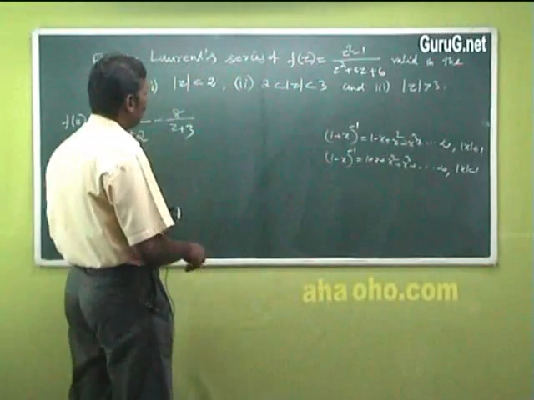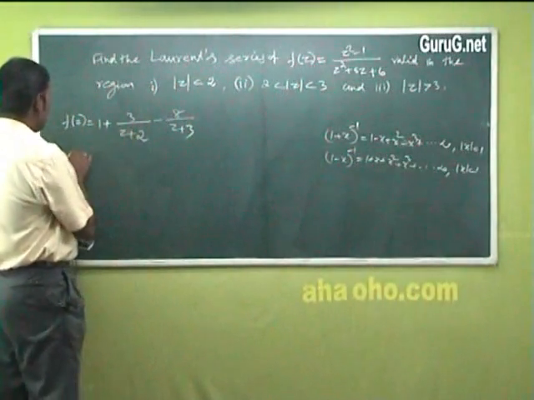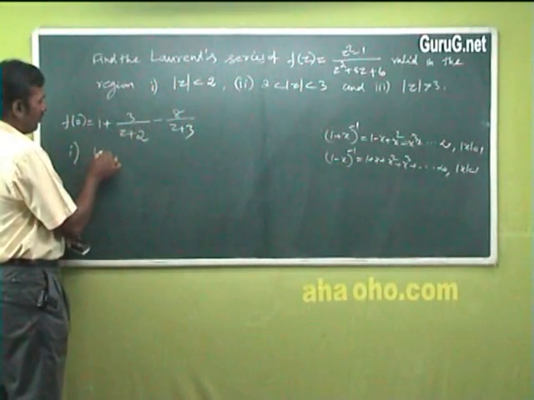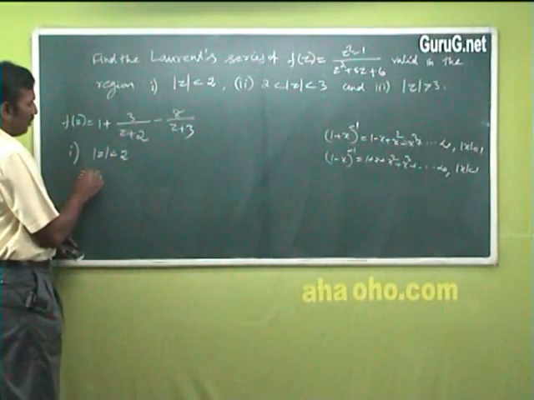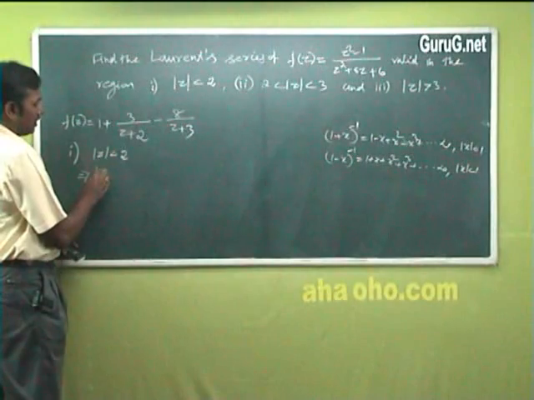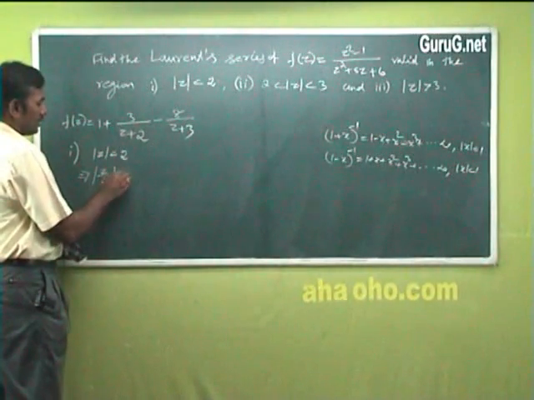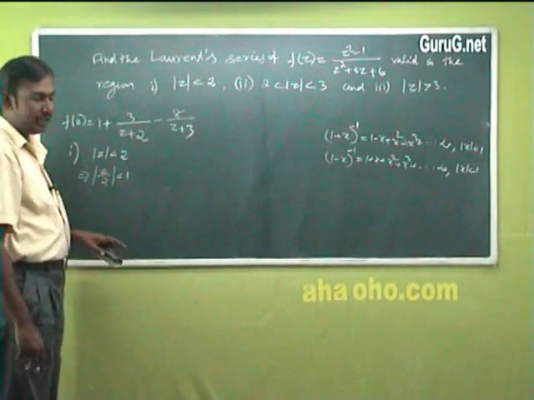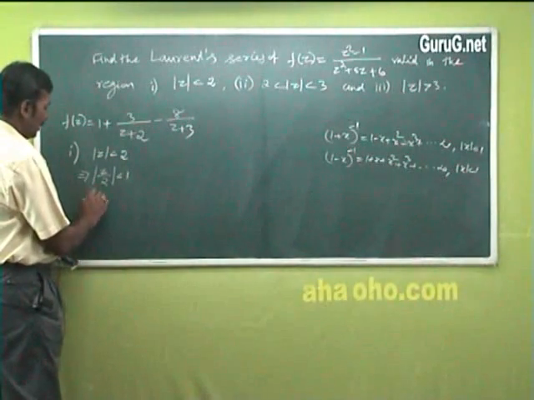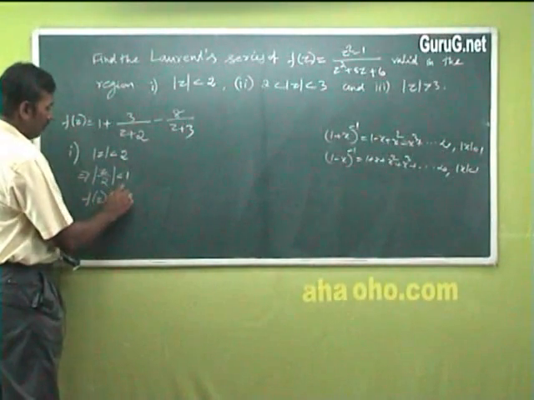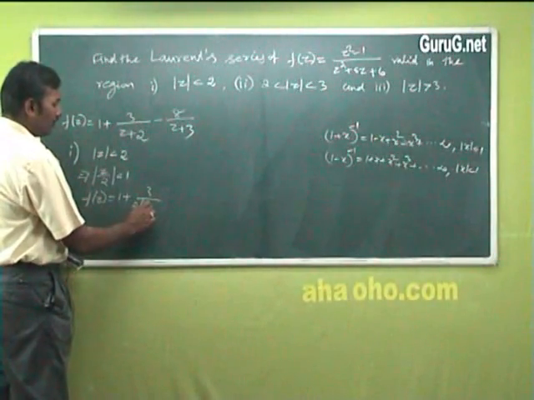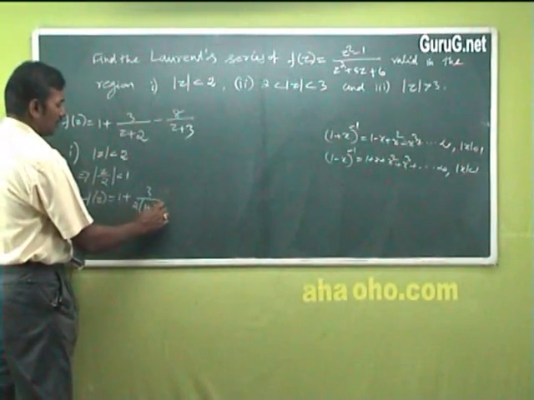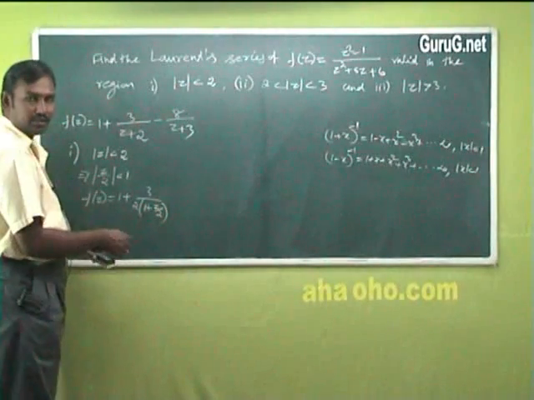So similarly, we can take the first region. So modulus of z is less than 2. So this is nothing but 1. So modulus of z by 2 is less than 1, right? So in this f of z, I can take it as 1 plus 3 by, I can take 2 outside, 1 plus z by 2, is it right?